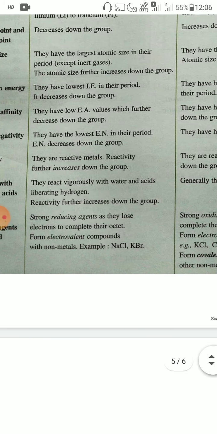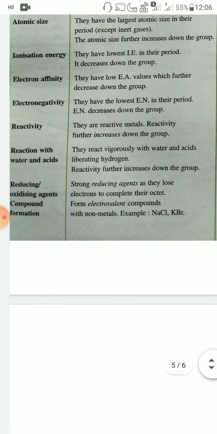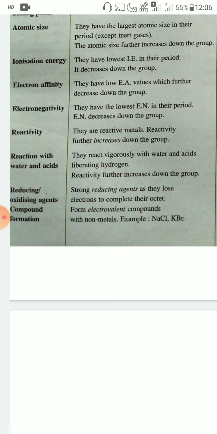Therefore, down the group in the case of halogens, the boiling point and melting point increase. Now atomic size: alkali metals have the largest atomic size in their period, except inert gases, and atomic size further increases down the group.